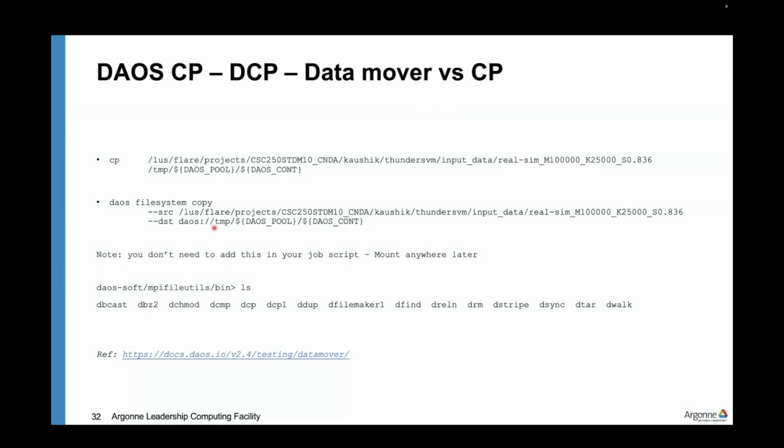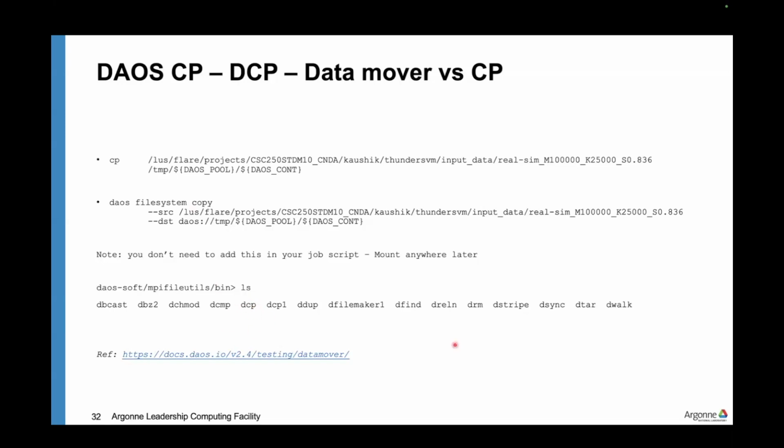So now if you have a lot of data, suppose configuration files and the actual data that your app needs to use, or if you want to move it from Lustre space to DAOS space, you just create a POSIX container, mount it, and you just do a cp. That's it. cp from your Lustre space to your temp pool name container name. DAOS also gives a lot of custom tools called DAOS cp, dcp, DAOS copy.